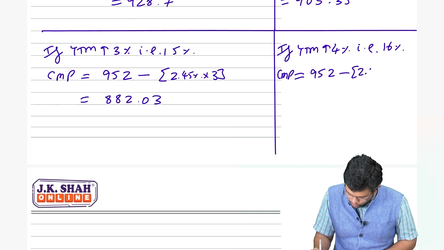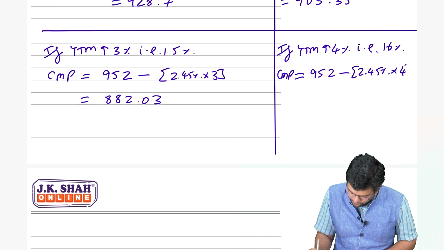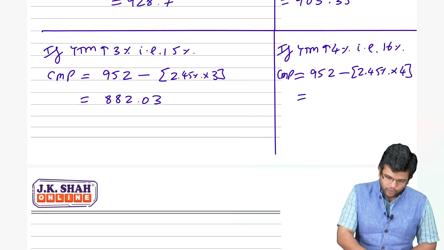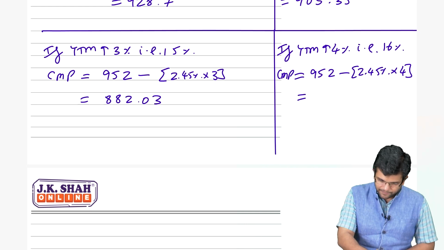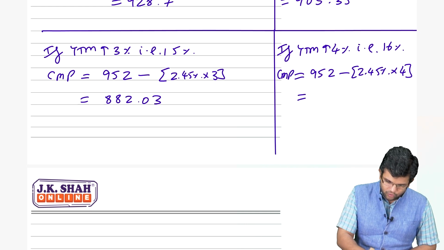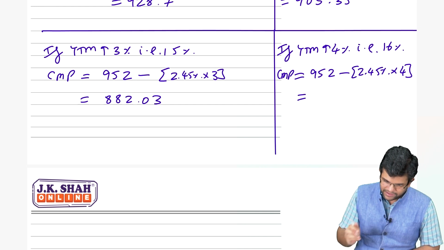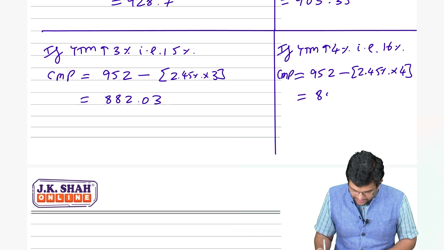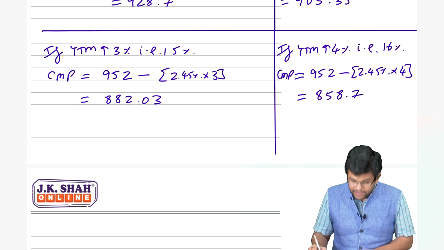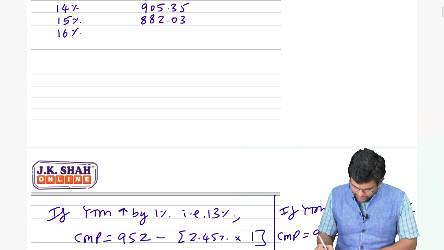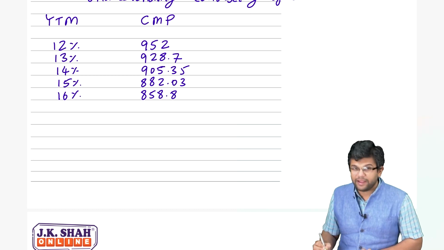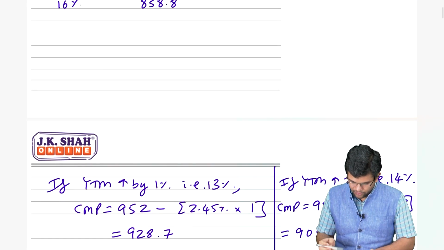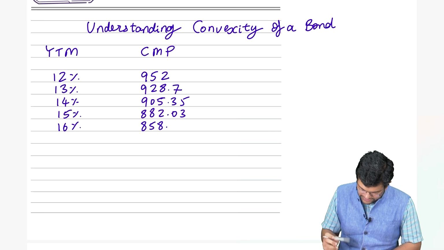So 2.45% into 4 comes to 9.8%. So 952 minus 9.8% will give us 858.7. I'll write down here 858.7. Everyone following?